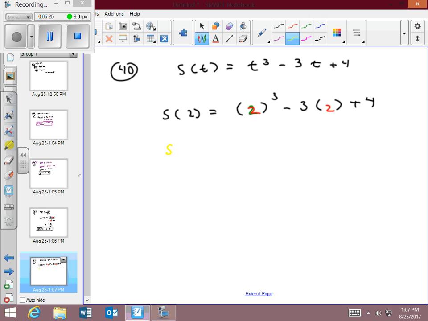So then S of 2 is 8, 2 cubed, minus 6, plus 4. So S of 2 is 6.